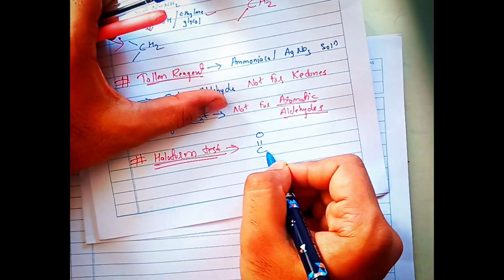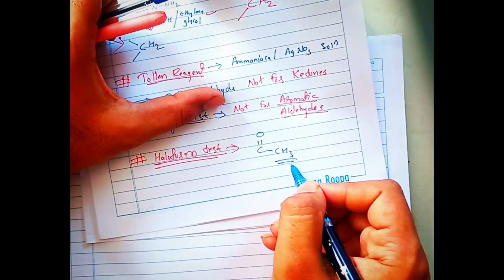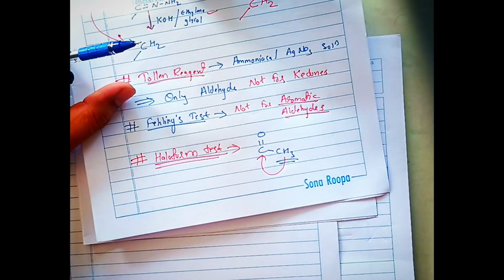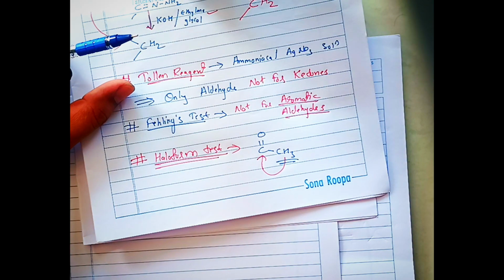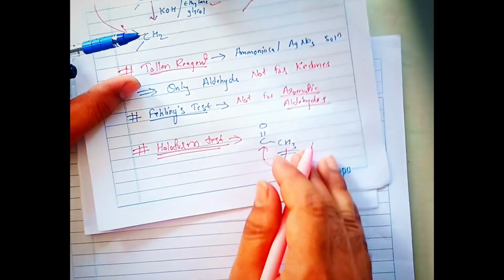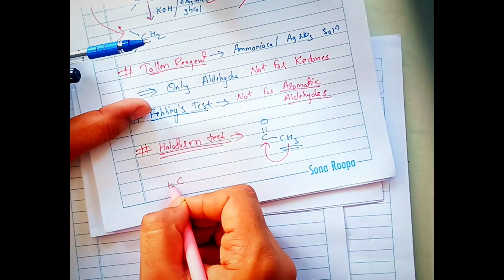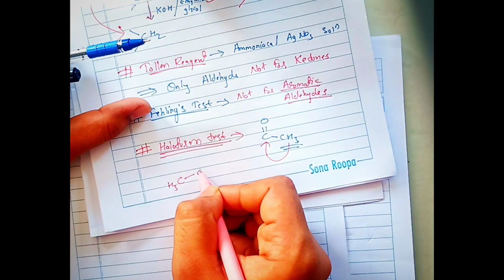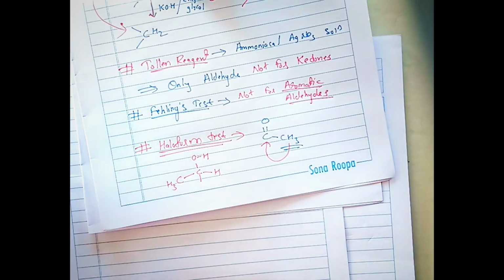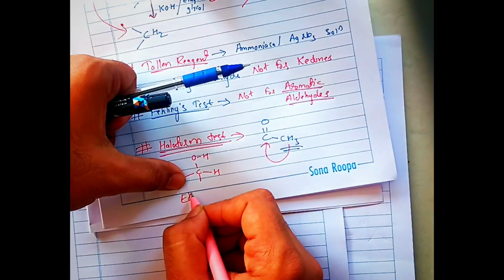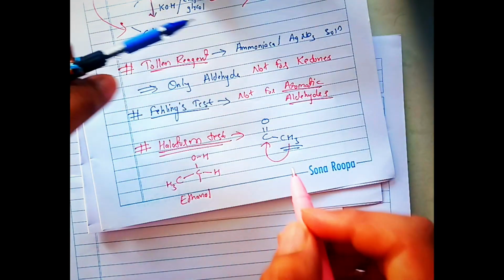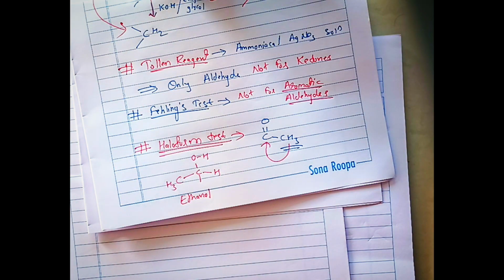The CH3, the methyl group which is attached to the carbonyl, only gives a positive haloform test, or else the CH3 which is attached to the OH, that means ethanol or the carbonyl attached to CH3, only these give the positive test for the haloform.